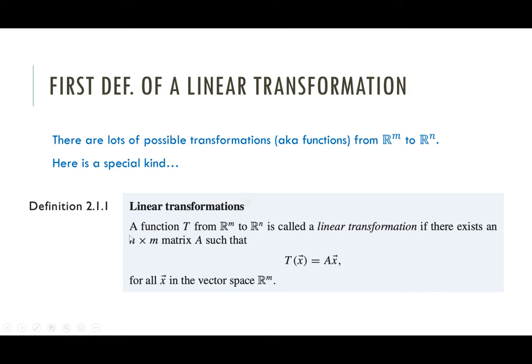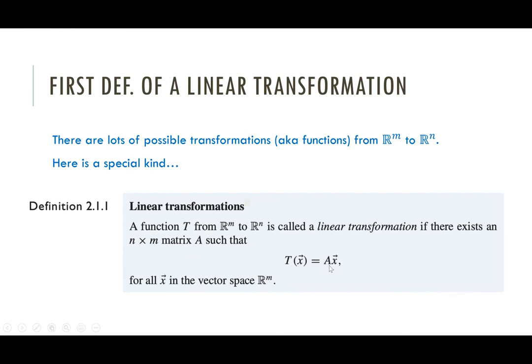So here, let me read this through properly. A function T from Rm to Rn is called a linear transformation if there exists an n by m matrix A such that if you plug in a random vector x, whatever vector the transformation takes x to is the same vector you would get if you multiplied A by that vector.